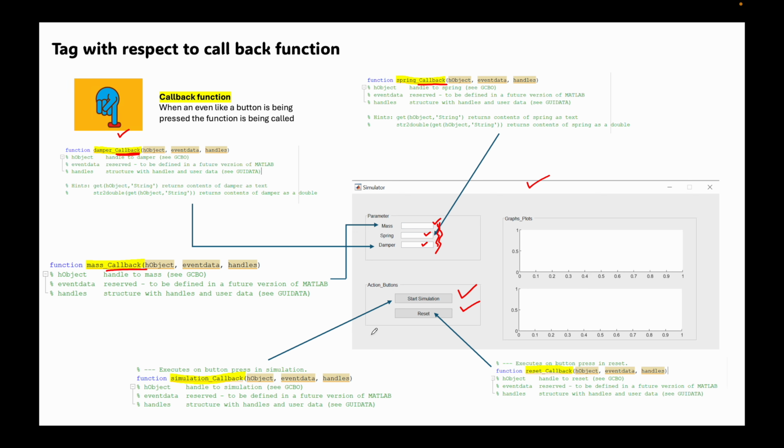In this case, we have designed a start simulation button and a reset simulation button. When the start simulation button is pressed, the simulation will start and the graph will be populated. When you press the reset button, you can erase all the data from the previous simulation in the plot and make the plot look clean.